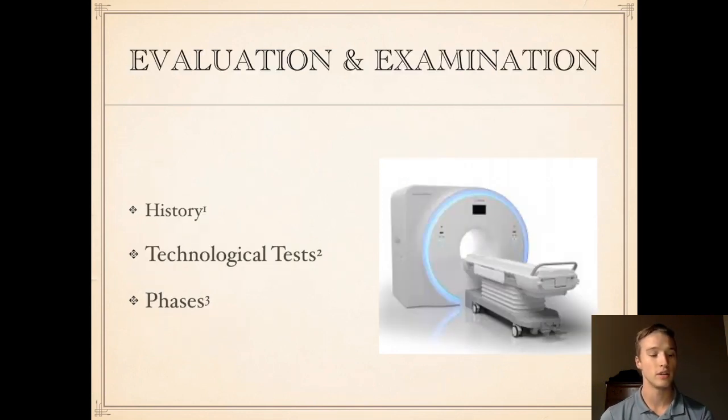Evaluation and examination. Your evaluation should begin with an extensive history, including highlighting or questioning the red flags and clinical indicators mentioned on the last slide. Because this is a chronic injury and there are no clinical tests that can be performed, once the history has been concluded and you suspect a PT injury, you should refer the patient to an imaging specialist.